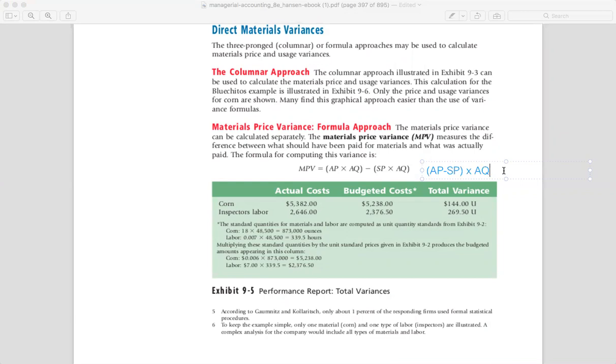You can see that this formula comes from this one: actual price times actual quantity, minus standard price times actual quantity.